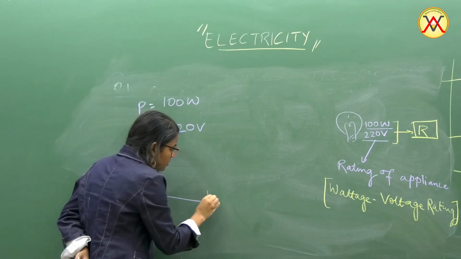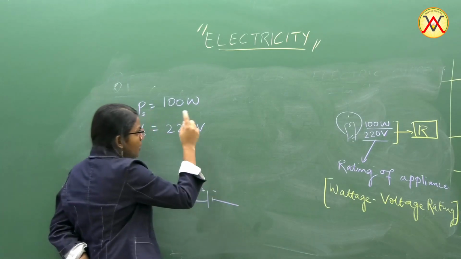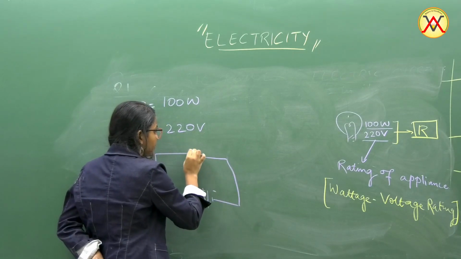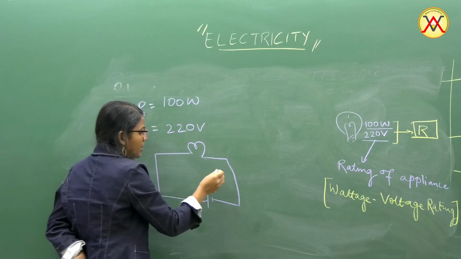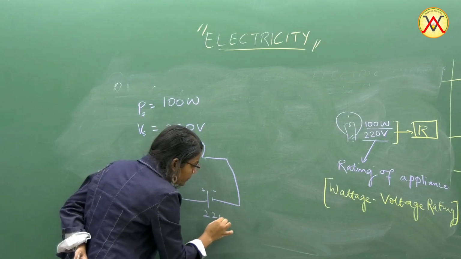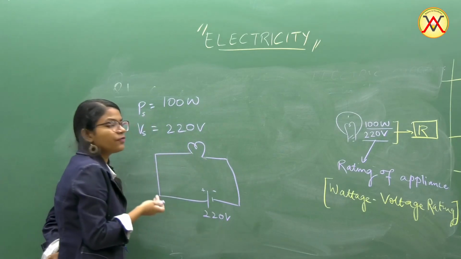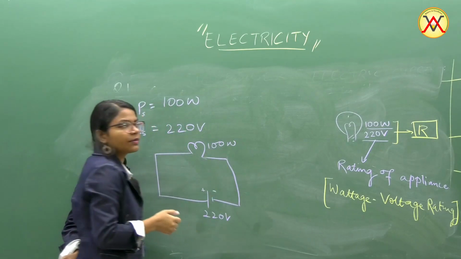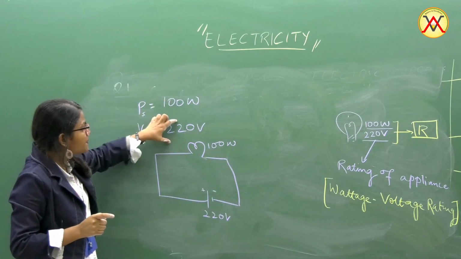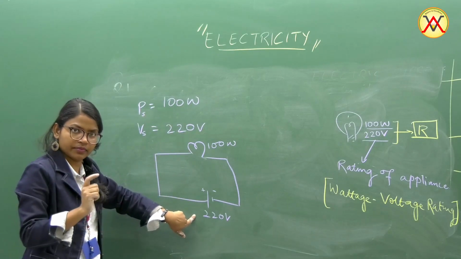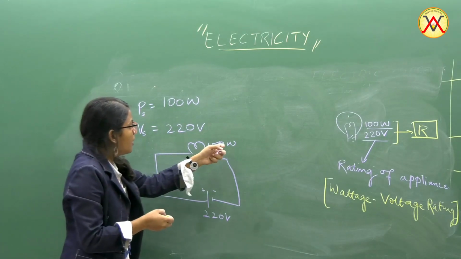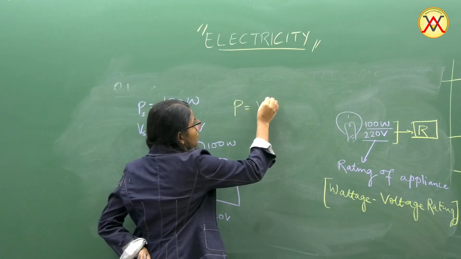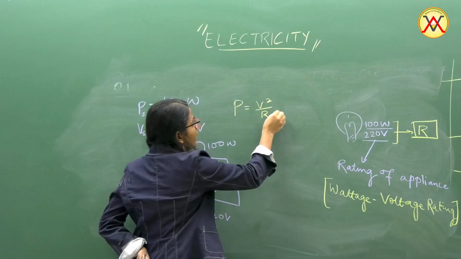Let's suppose this same bulb is being used across a 220 volt source, then it gives you 100 watt power. This is what the specified rating means. Now, 100 watt power equals I square R or V square by R.